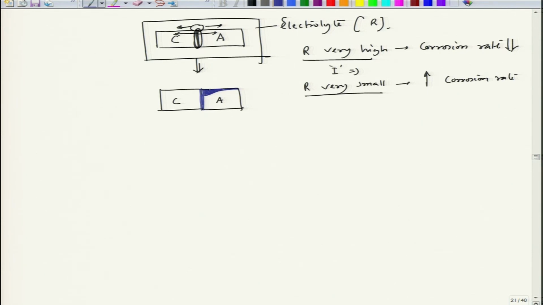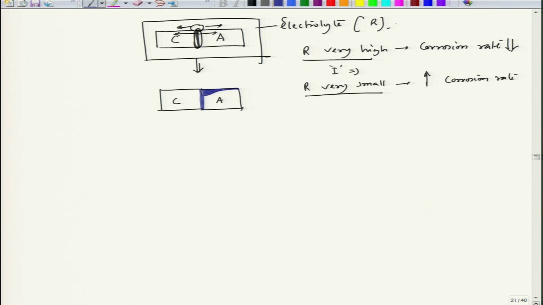Fine, this blue shaded region is the corrosion pattern, and the cathode, of course, is being protected because all the cathodic reactions are taking place on that surface. So, the corrosion is always more near the junction of a galvanic couple. This is due to the resistance effect, or the electrolyte resistance effect.